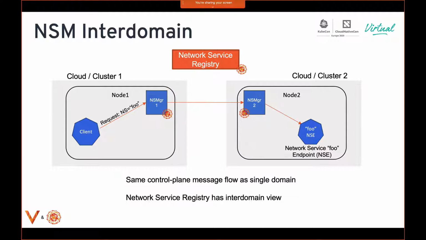So it looks exactly the same from a flow point of view, and the details of that connection pipe are going to be different, but at the setup logical view, it's the same. And the other takeaway here is the network service registry in interdomain has to be able to know which endpoints are a part of the interdomain environment. And I'm showing one block as the network service registry, but that also could be a distributed kind of registry as well.